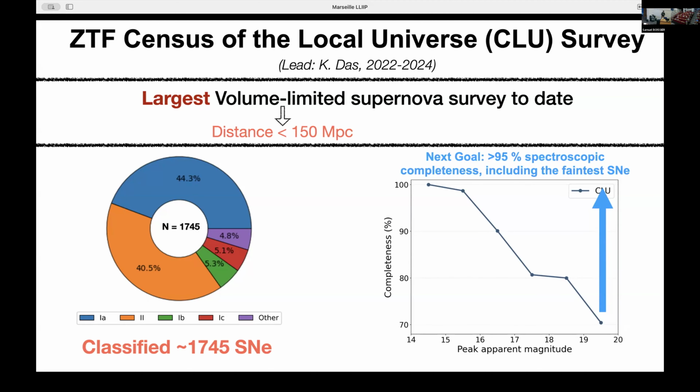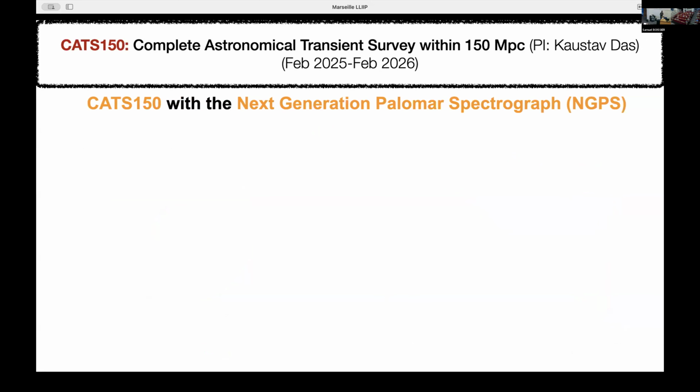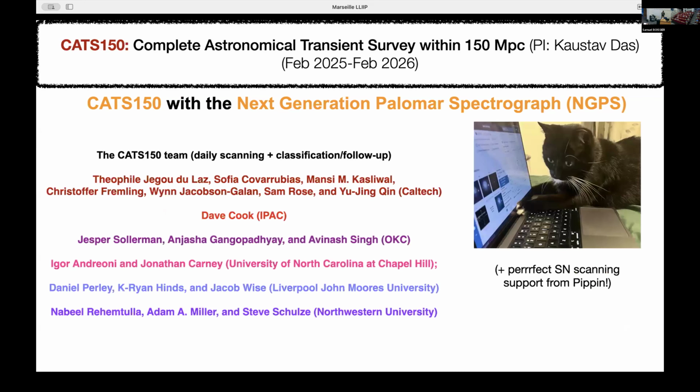The next goal was to try to achieve very high spectroscopic completeness, including for the very faintest supernovae that ZTF discovers. And the successor of this was a survey called the CATS 150, or the Complete Astronomical Transient Survey within 150 megaparsecs. As part of this, we leveraged a new spectrograph called the Next Generation Palomar Spectrograph.